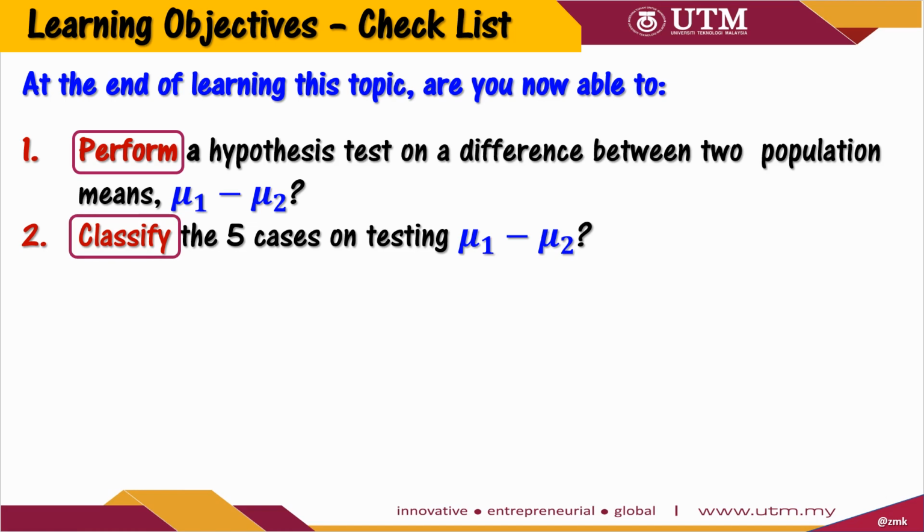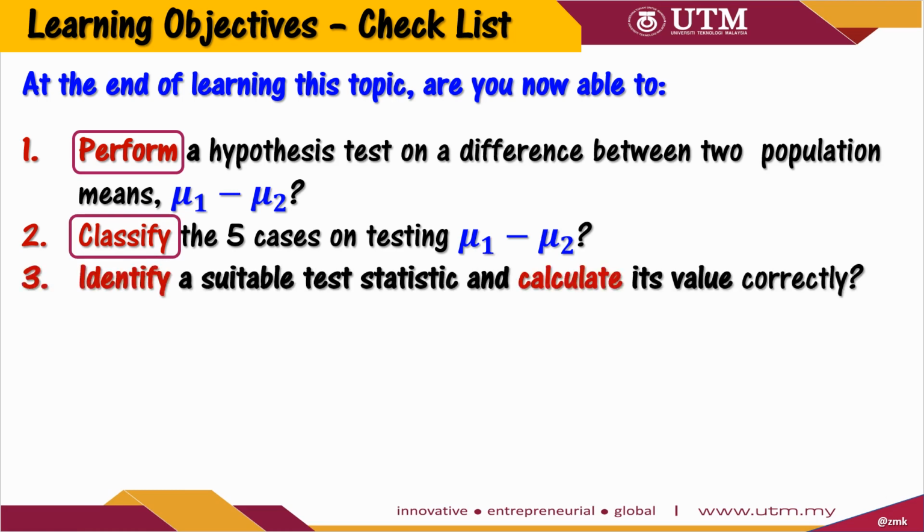If the population variances are both known, immediately this is case 1, which involves the use of the exact test statistic. If not, then only you can look at the sample sizes for the other 4 cases.